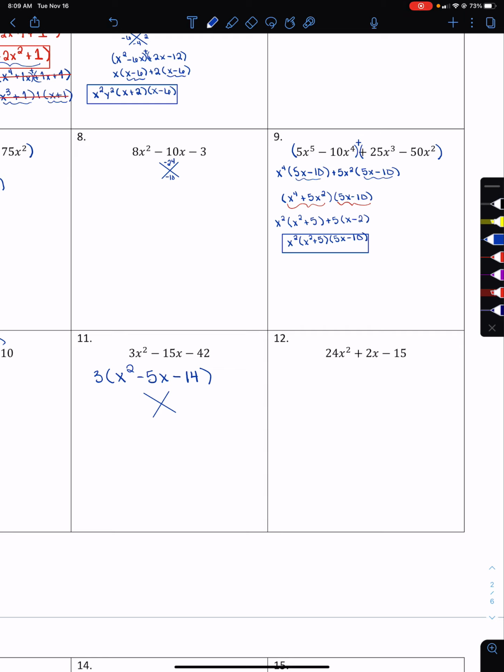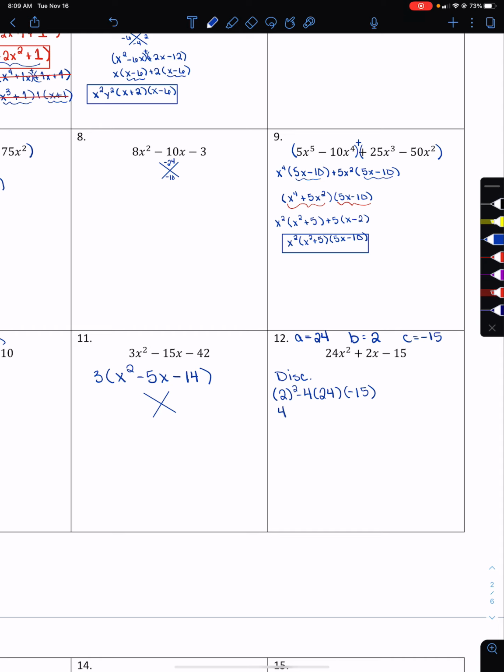What I'm going to go ahead and do, though, is use this as an opportunity to do the quadratic formula. All right, so on this one here, remember we do the discriminant first. Okay, so b squared minus 4 times a times c.